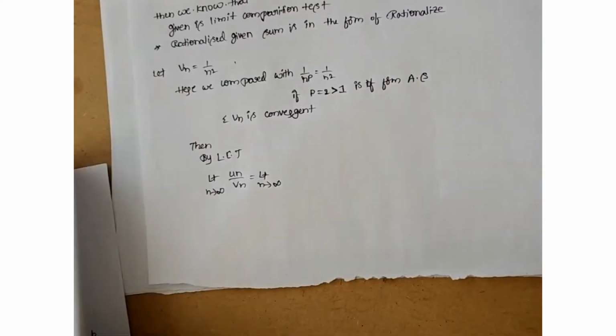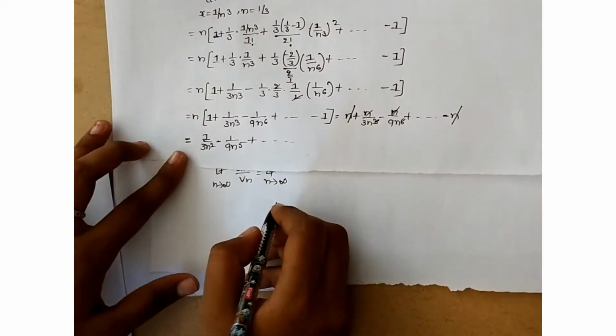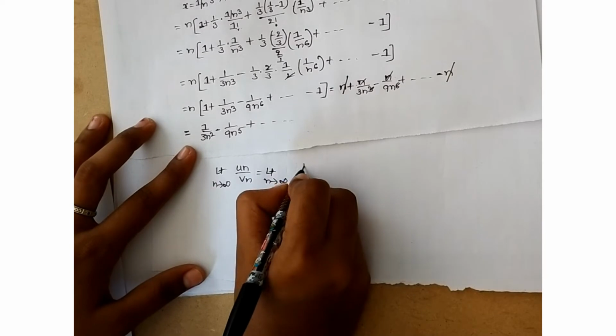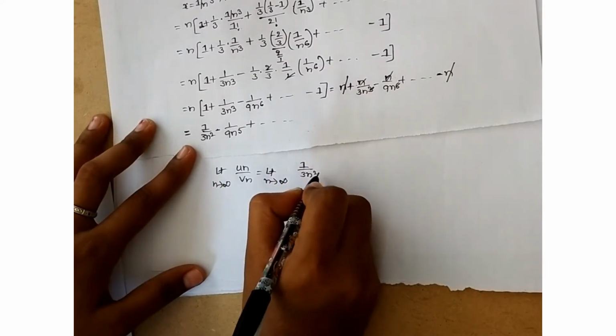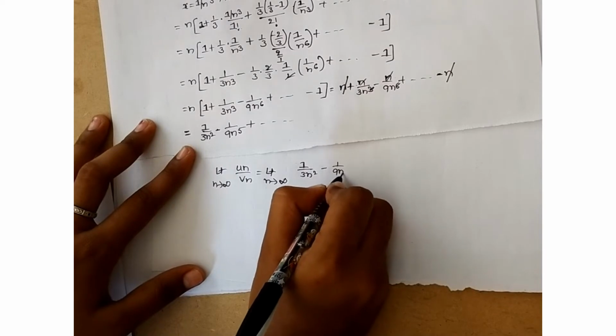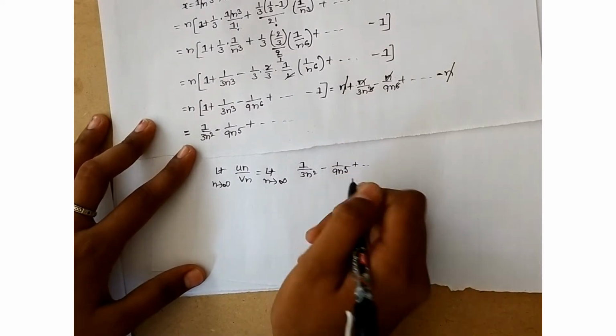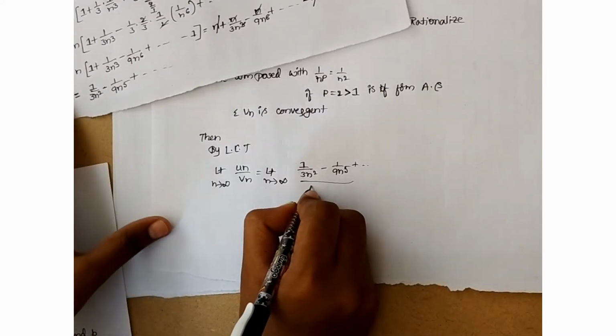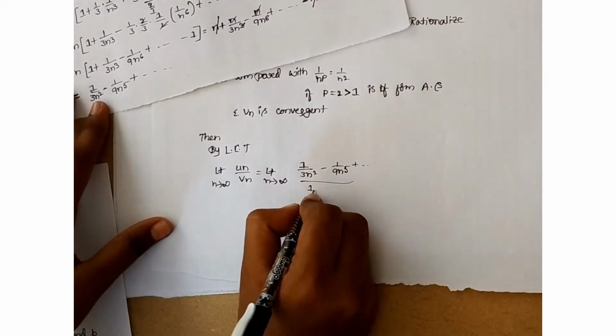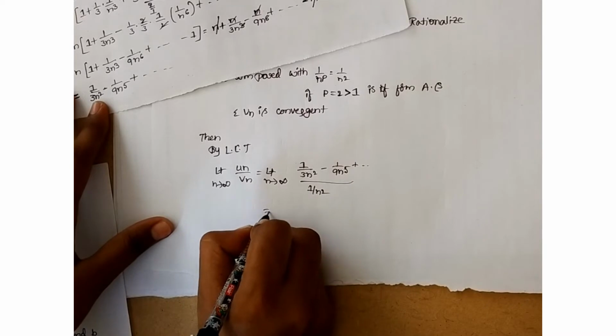We require Un, this is the Un: 1 by 3n square minus 1 by 9n power 5 plus and so on. Then divided by, we take Vn as 1 by n square.